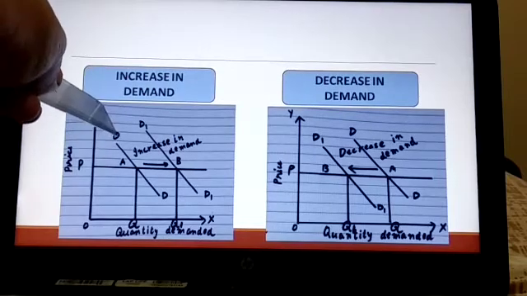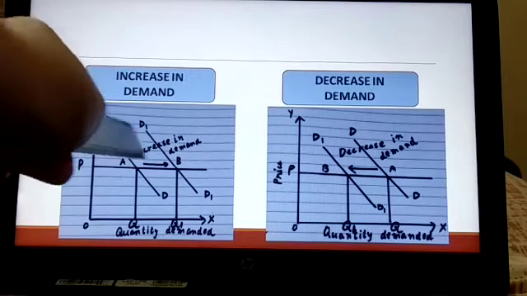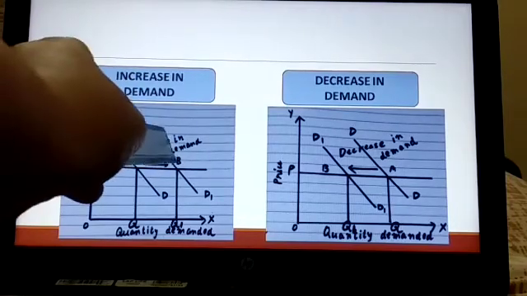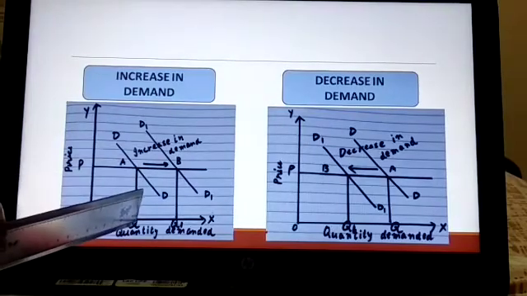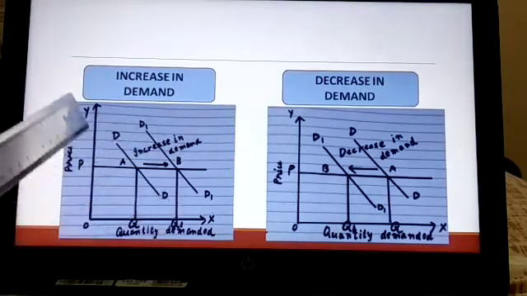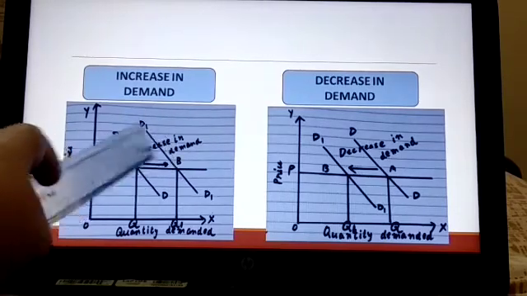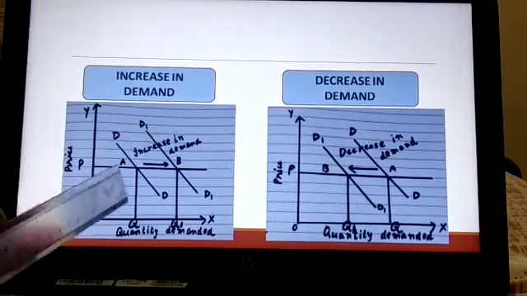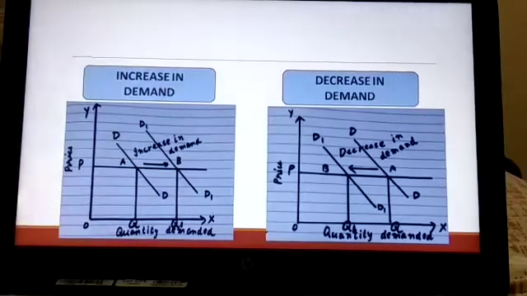This is the initial demand curve DD. This is the new demand curve D1D1, and there is a shift from position A to position B. You can see the initial quantity is Q, the new quantity is Q1. Wherever you are shifting the curve from DD to D1D1, accordingly your positions will shift, and this will become Q to Q1.